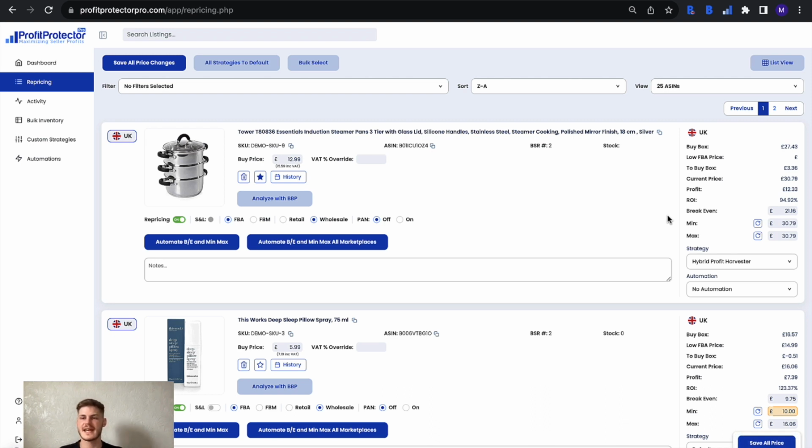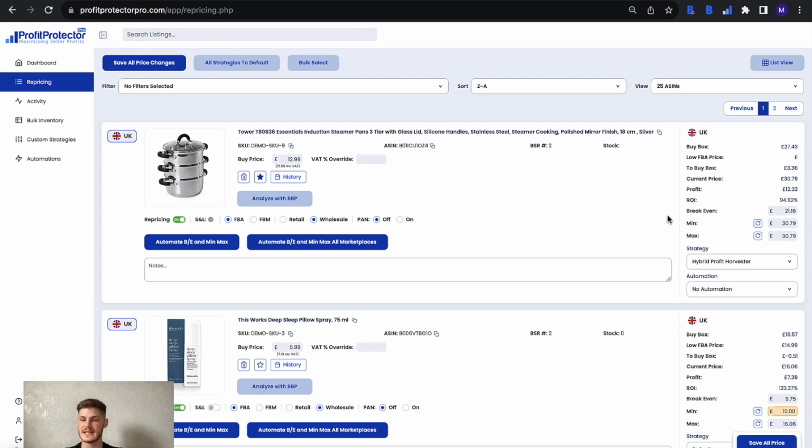So if that is the case on any of your listings, it's worth using that filter to find out which ones, and you can readjust your minimum to make sure that Profit Protector Pro is competing as effectively as it can. Don't worry if things do shift on a listing, if pricing does shift and you need to readjust your minimum and maximum. This can be a normal occurrence. As we know, things on Amazon change all the time. So it's worth keeping an eye on that particular filter.